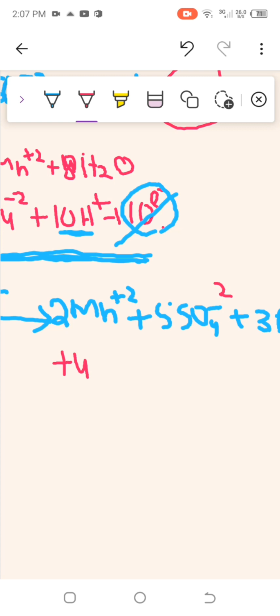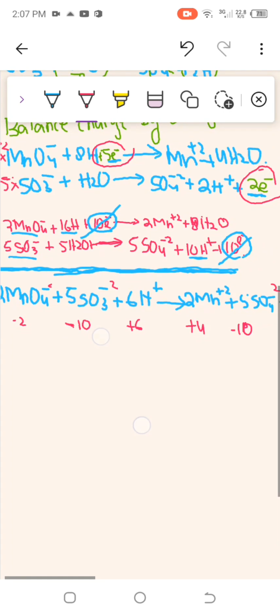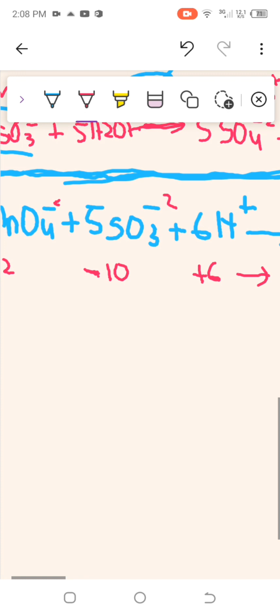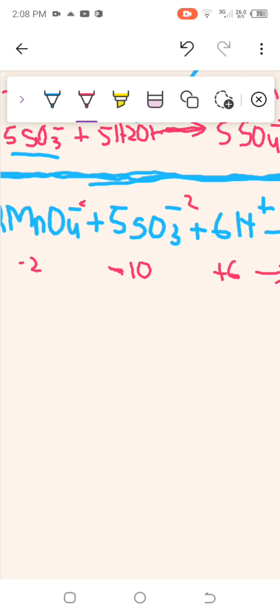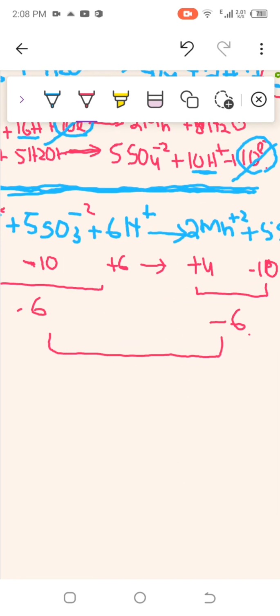It is basically minus 10 because here we have negative sign. Then here we have 3 water molecules, zero charge. Okay, so now let's balance this. Here 10 minus 6 will be 4. 4 minus 4 plus 2 will be minus 6, right? आप जब इनको करोगे, then 10 में से 4 गए, minus 6, so here you can see minus 6 are balanced.